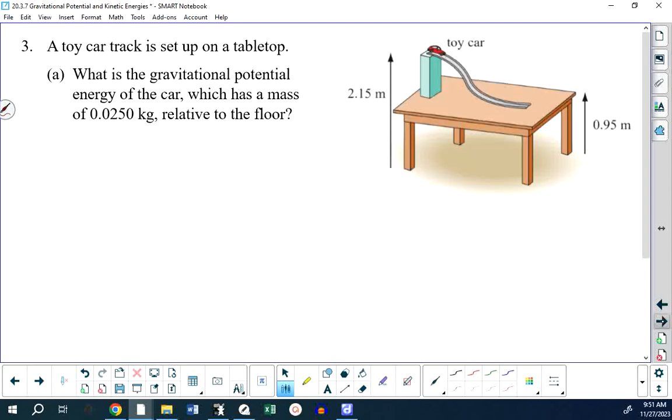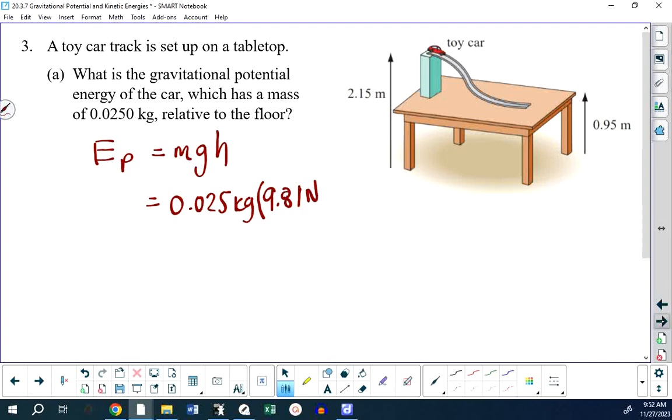So a toy car is set up on a tabletop. What is the gravitational potential energy of the car, which has a mass of 0.025 kilograms, relative to the floor? So when we do this question, we're going to say EP equals mgh. We're going to put in the mass, 0.025 kilograms, times 9.81 newtons per kilogram times 2.15 meters.